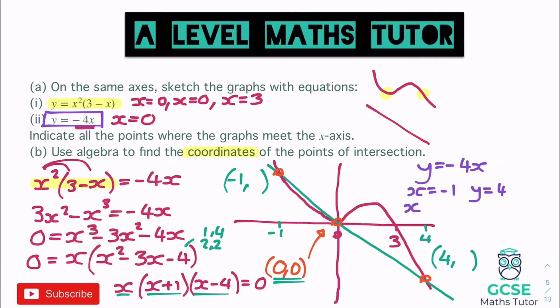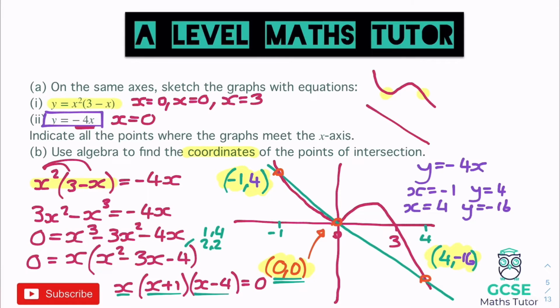And when x equals positive 4, multiply that by negative 4, y is going to equal negative 16. And we can put those coordinates in now. We have minus 1, 4, and positive 4 along with negative 16. And there are our three answers there: negative 1, 4; 0, 0; and 4, negative 16.